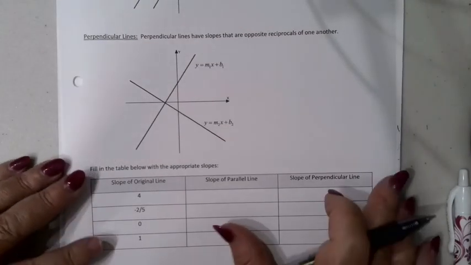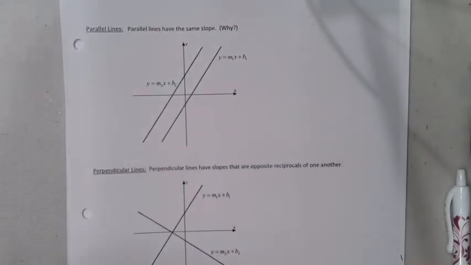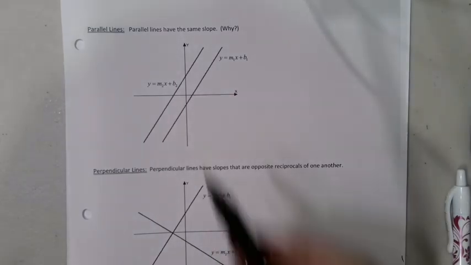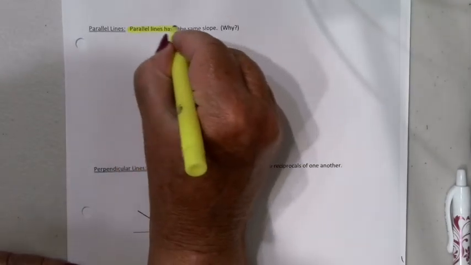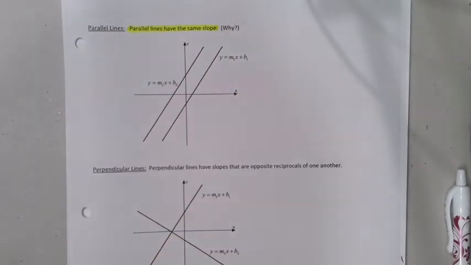All right, one more geometric idea with our lines. I want to talk a little bit about parallel and perpendicular lines. Parallel lines never meet, and it will always be true that parallel lines have the same slope. Why does that make sense?